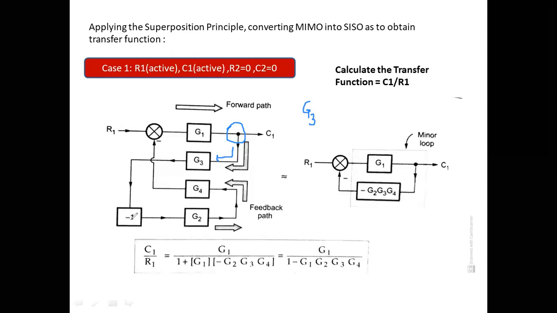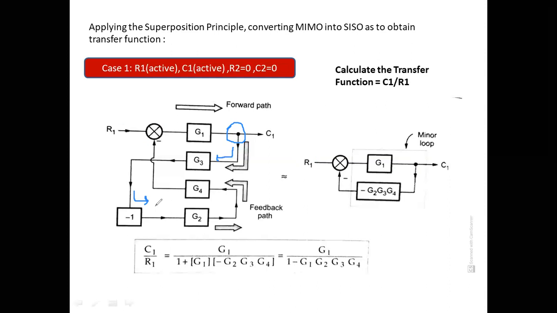After G3 the signal just moves ahead and then it is multiplied by -1. It means G3 is getting multiplied by -1, then G3 becomes minus G3, and then minus G3 is getting multiplied by G2.